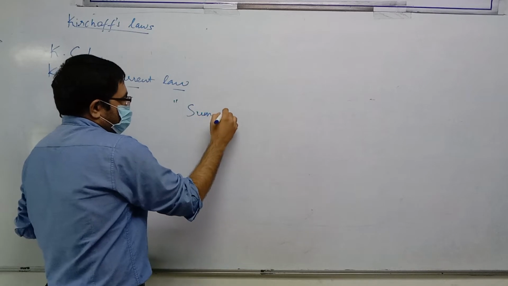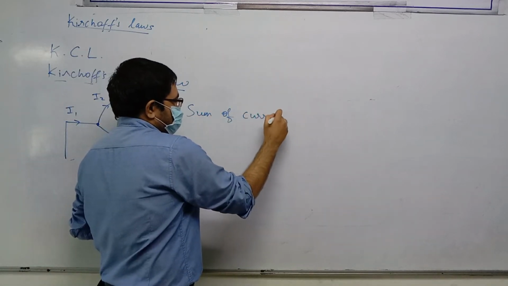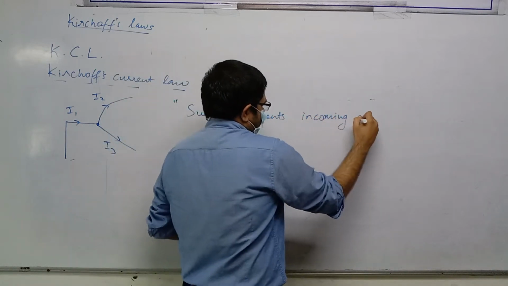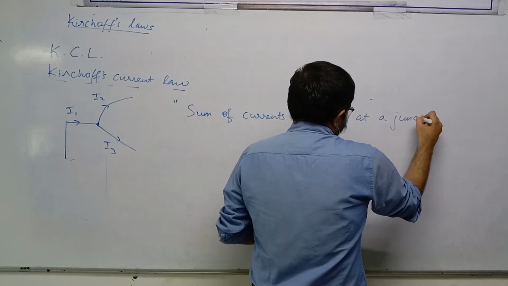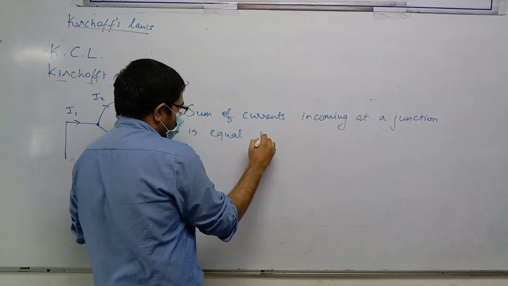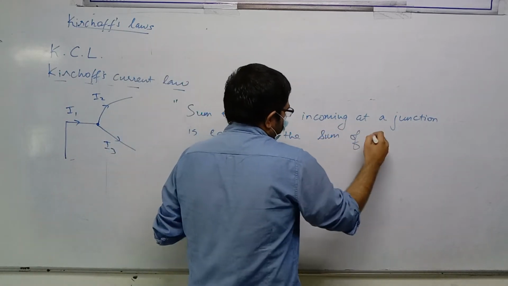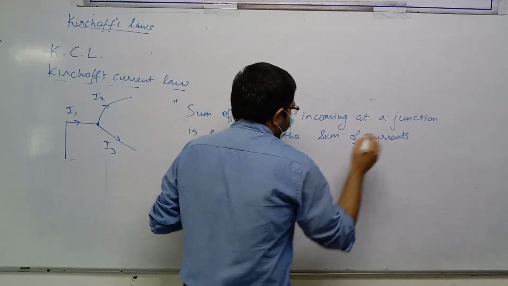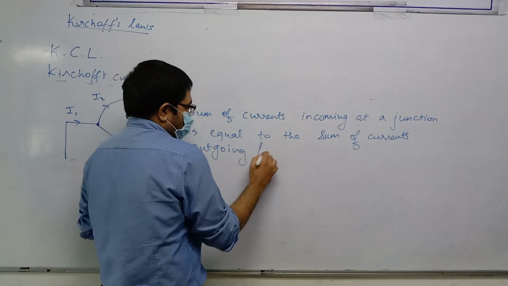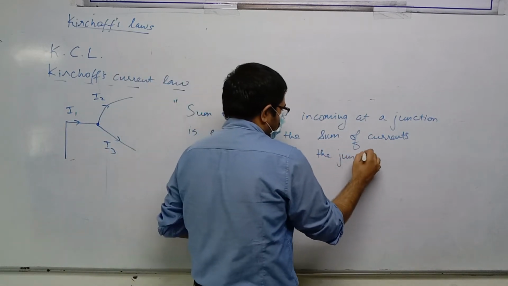The sum of currents incoming at a junction is equal to the sum of currents outgoing or leaving. Outgoing means leaving the junction.